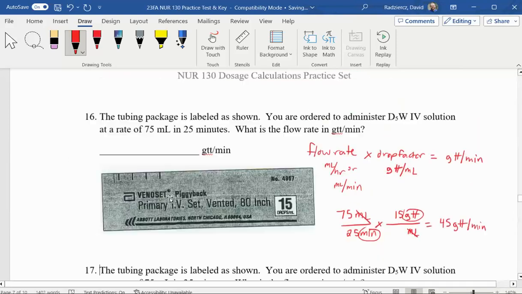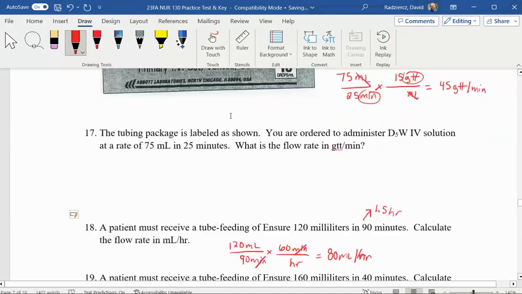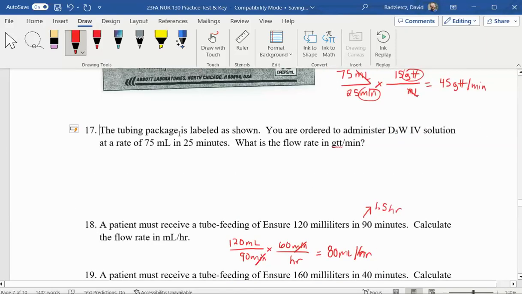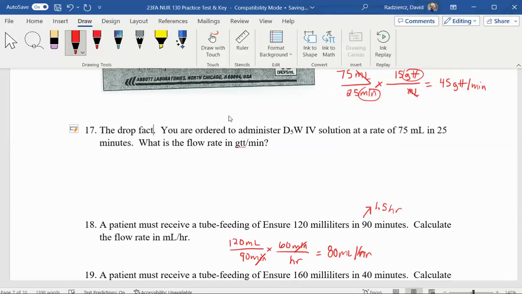All right. So we're going to use the tubing package, or I'm just going to put in a new drop factor. So we'll just say the drop factor is 20.